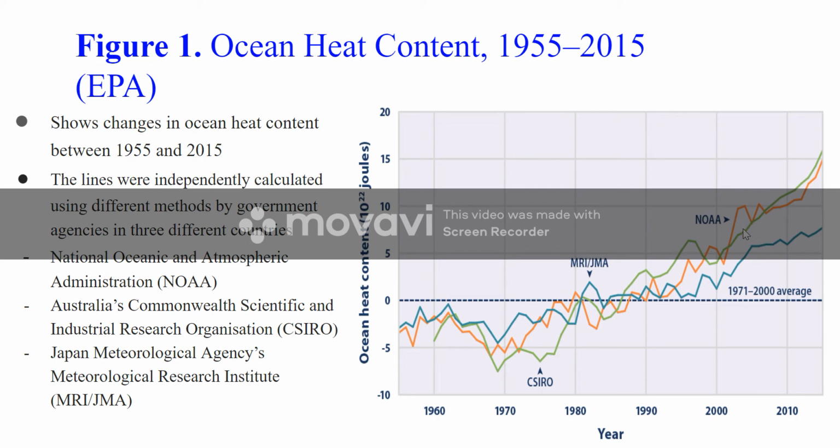The National Oceanic and Atmospheric Administration, NOAA, is one of these agencies. Australia's Commonwealth Scientific and Industrial Research Organization, CSIRO, and Japan Meteorological Agency, which is MRI or JMA.